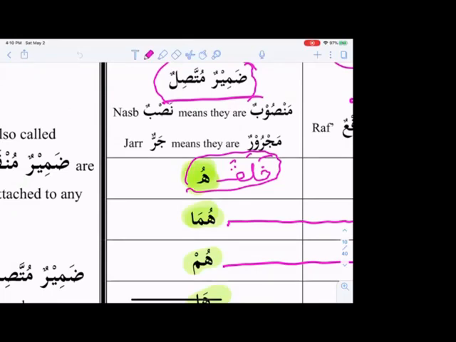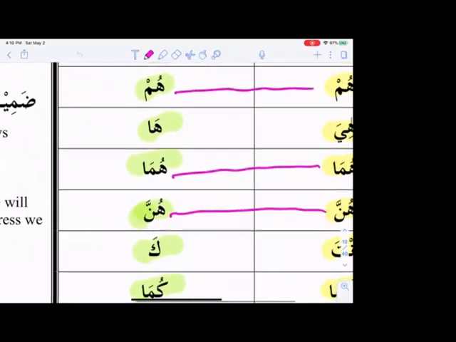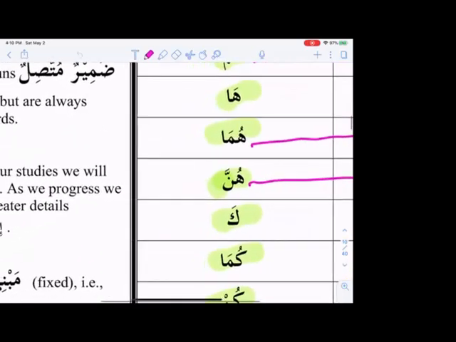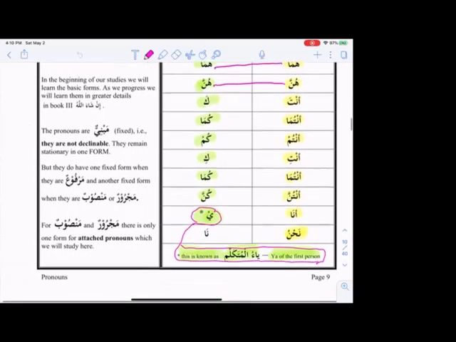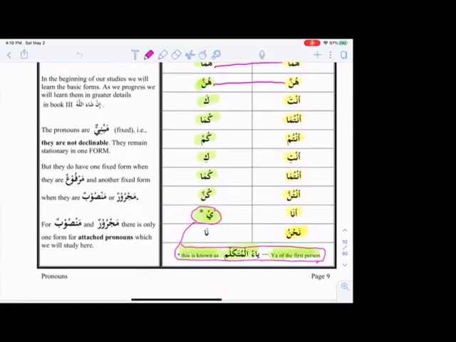They are all mabni, and you will have to understand this and read it. This page is very important, my brothers and sisters. Please, I'm telling you to read it. Page number 9. Read every line of it.